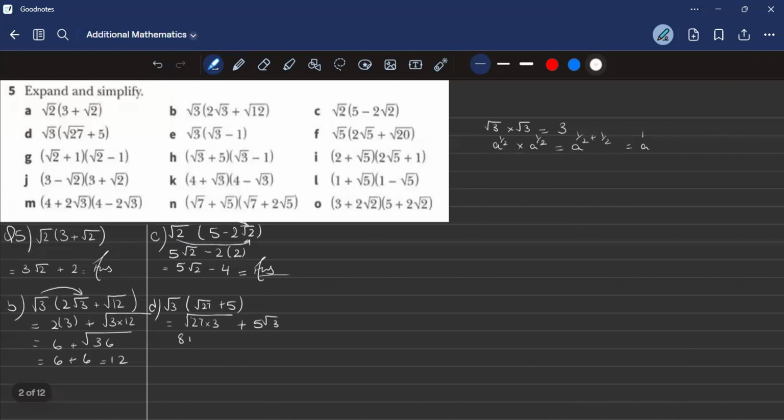Yeah. √81 plus 5√3 is equal to what? Well, √81, again, roots are important. So what is 9 nines? It's 81. So 9 plus 5√3 is our final answer for this part. And that's it.